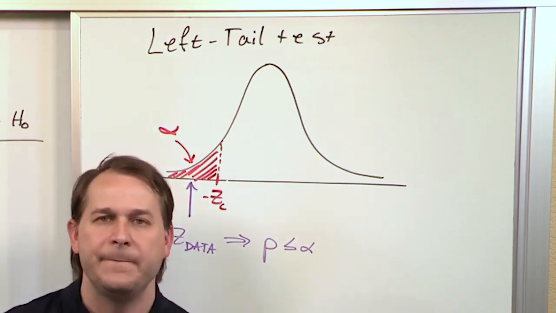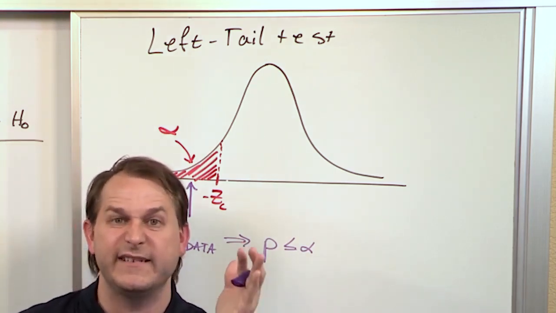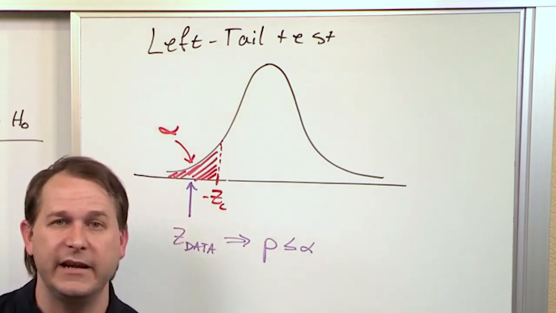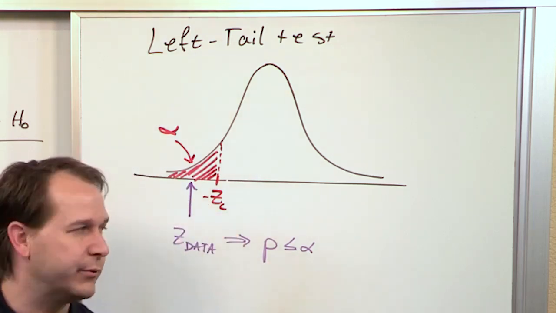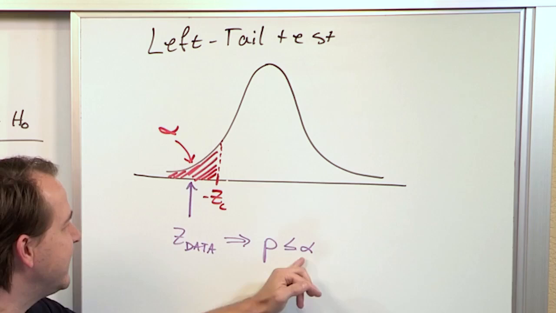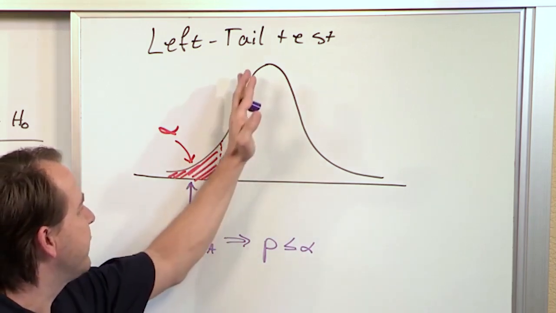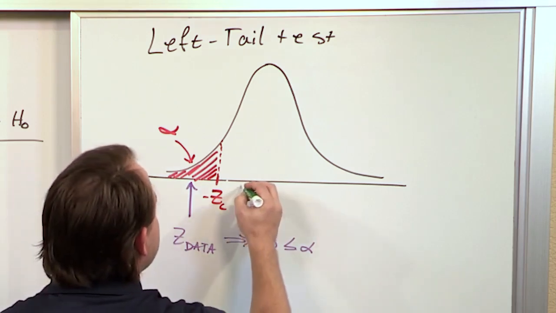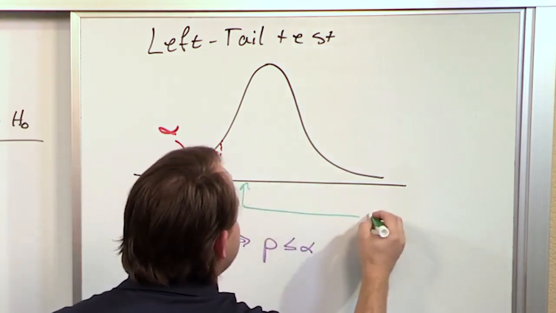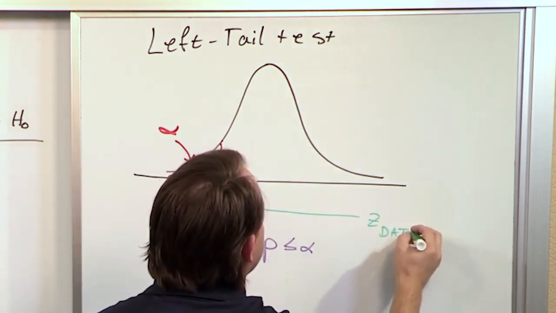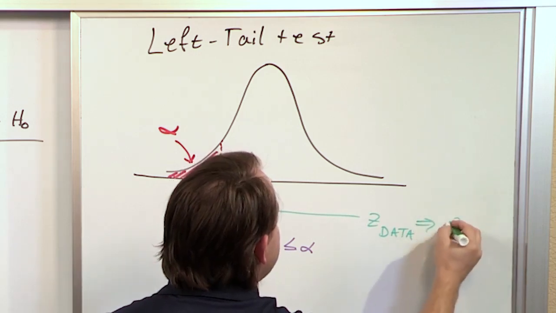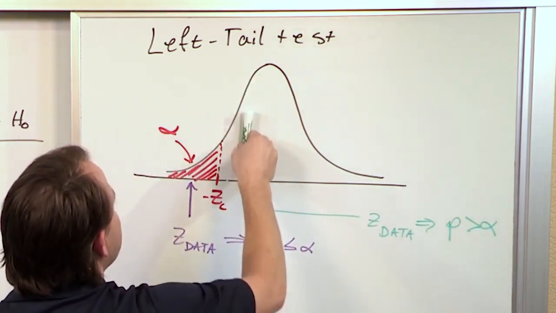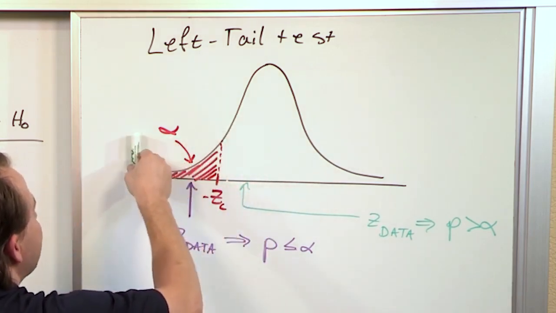Another way to look at this is to say if the test statistic that you calculate really does fall in the rejection region like it does here, then it has to be true that the p-value is less than alpha. Because if the z data, the value of your test statistic, was over here, which is what I'm going to talk about next, then p would be greater than alpha, because the p-value would be a dotted line up here and all the values more extreme than that.